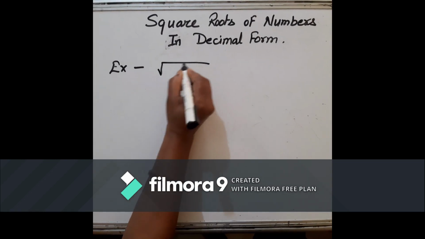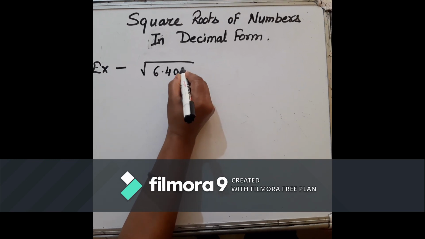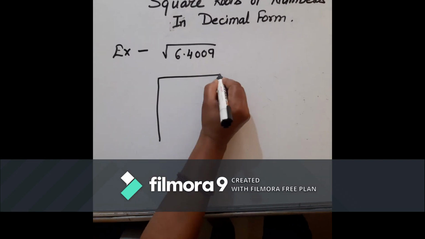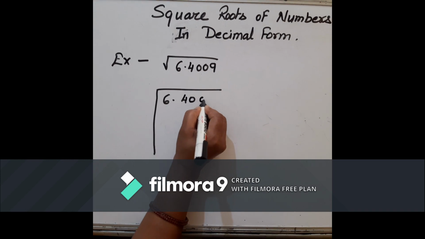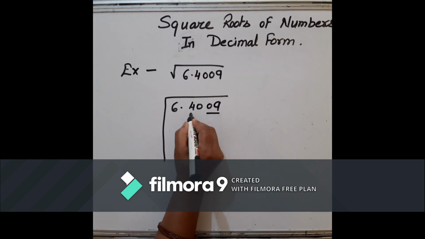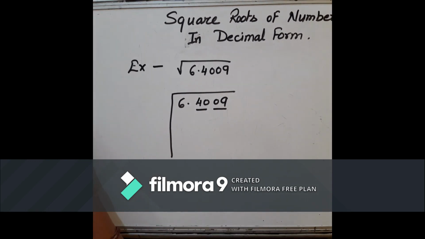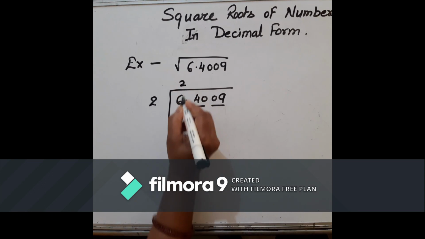Finding the square root of 6.4009. First we make pairs. Then 2 2s are 4, 3 3s are 9, so we take 2 2s are 4.